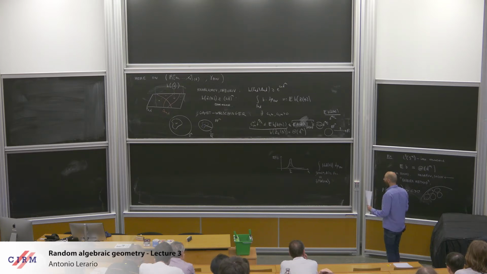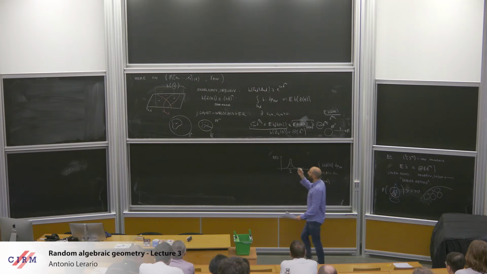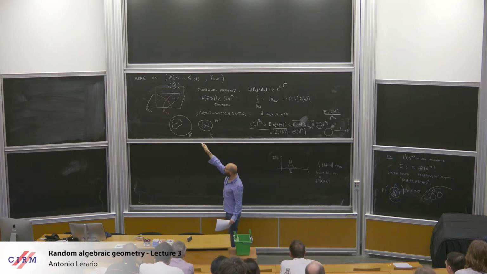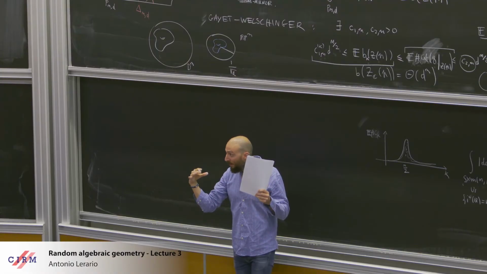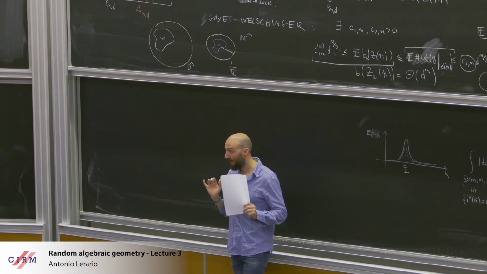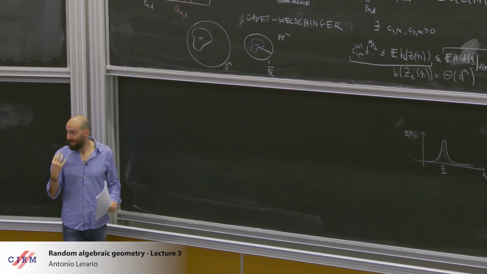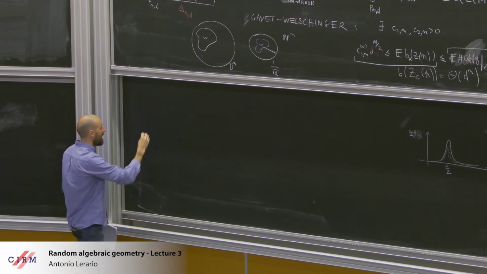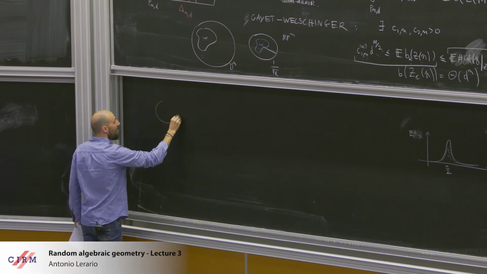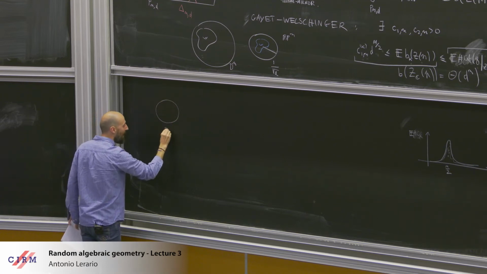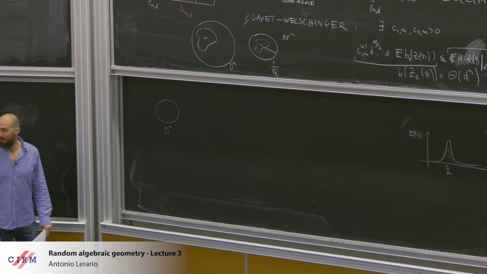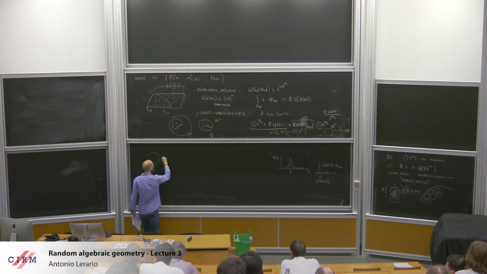Remember, the idea that I'm explaining: I'm taking just a small disk of radius 1 over square root of d, and I'm looking at the behavior of my polynomial in this small disk. So let's formalize this and see precisely what's happening. Take the disk of radius 1 in Rn.